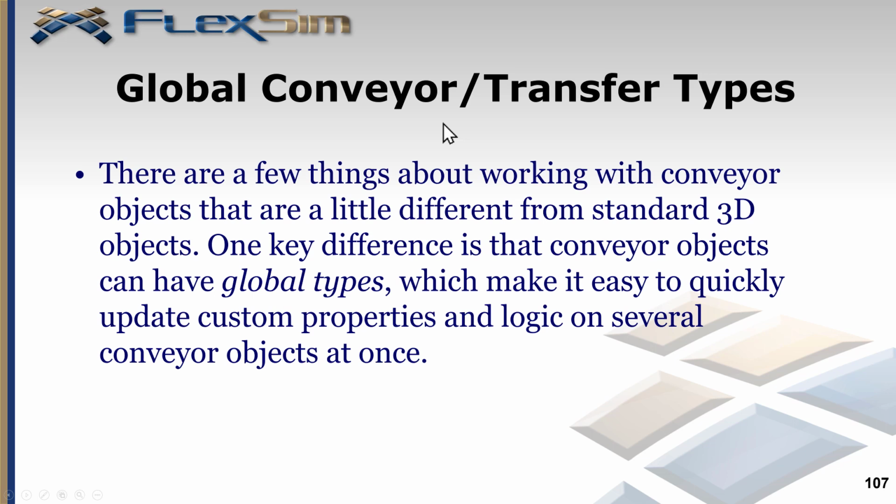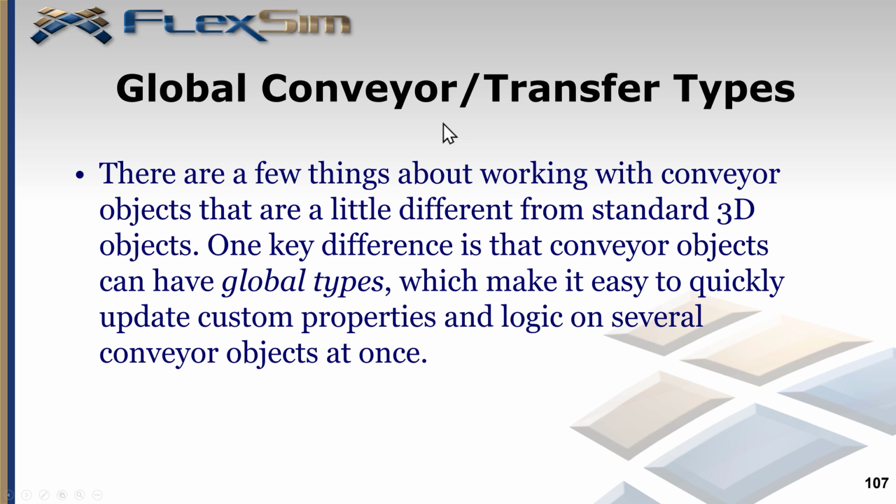When working with conveyor objects, we need to consider whether it would be more advantageous to apply properties and logic locally to a single object, single conveyor section if you will, or whether it would be more effective to create a global type that then we can quickly apply settings to multiple objects simultaneously.